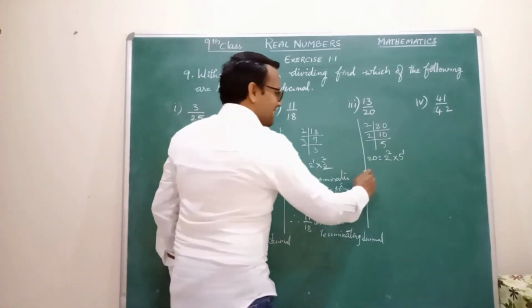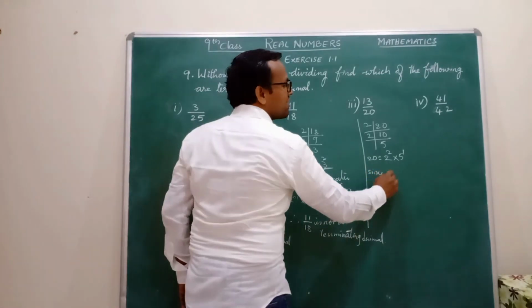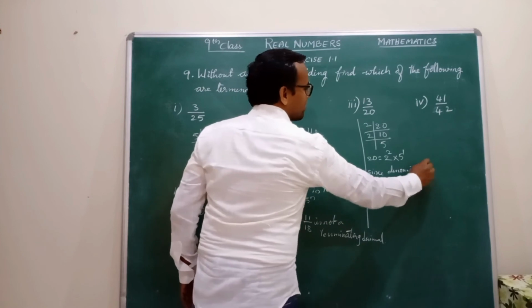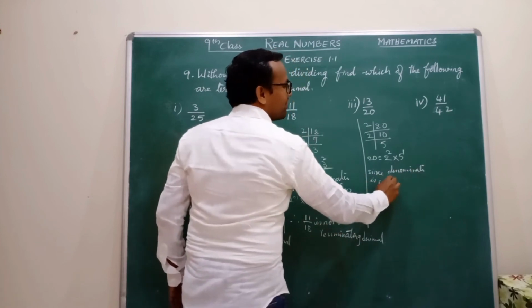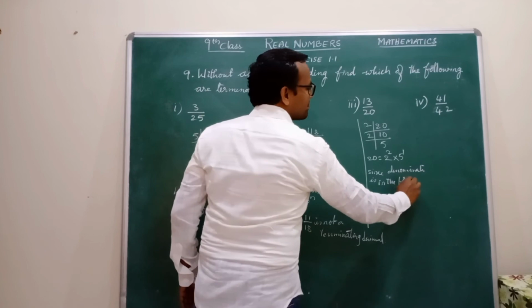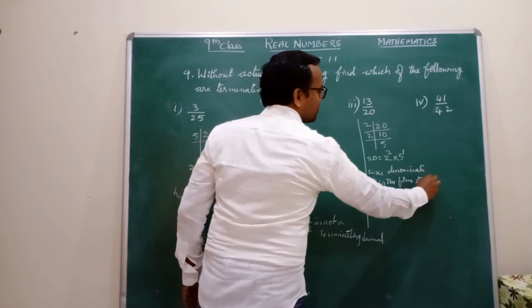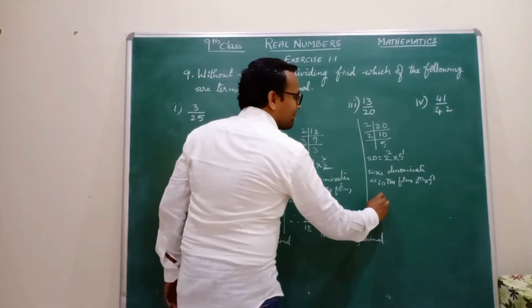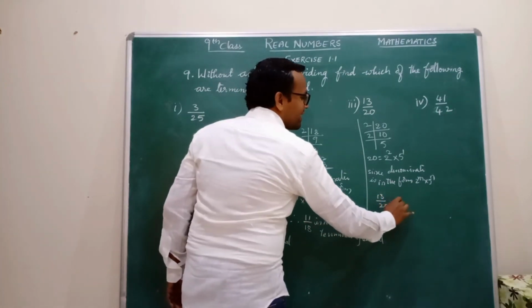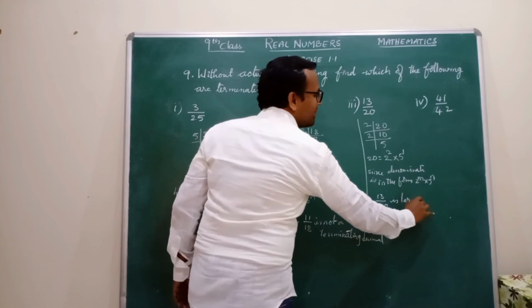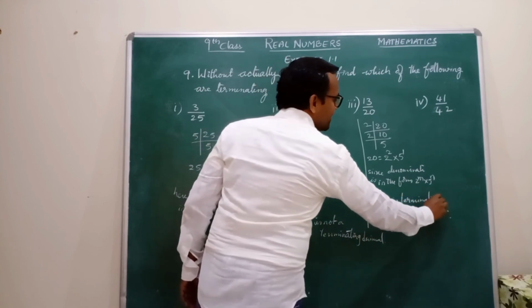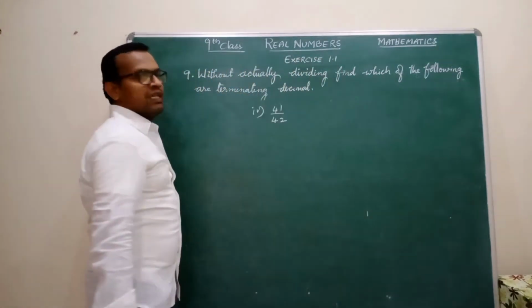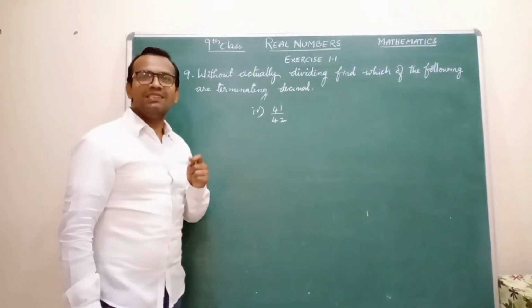So since the denominator is in the form 2 power m into 5 power n, the given fraction 13 by 20 is a terminating decimal. Okay.